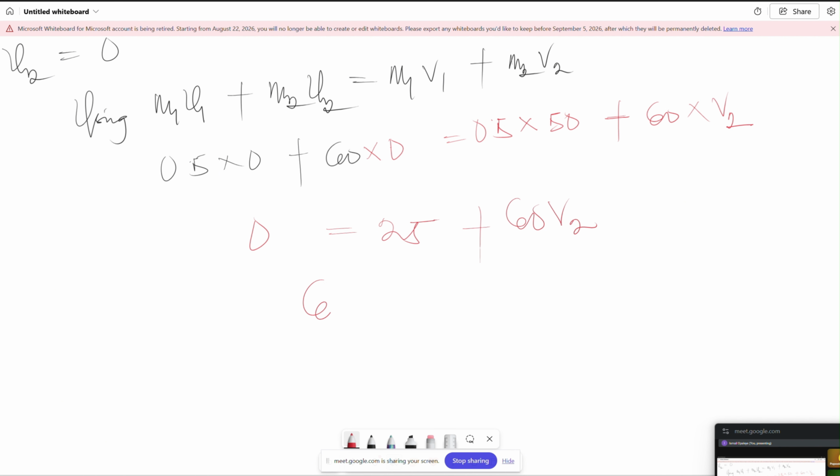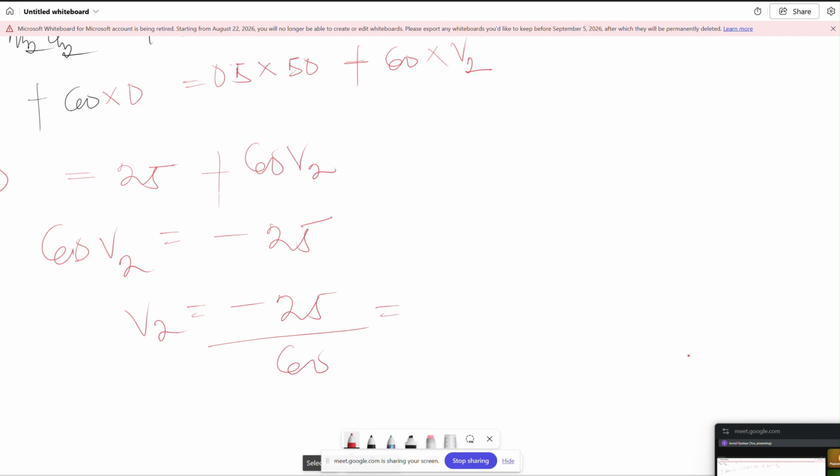For me, you are going to have that 60 v2 is equal to negative 25, and then v2 equals negative 25 divided by 60. What are we going to have there? Negative 25 divided by 60. What's the answer to that?